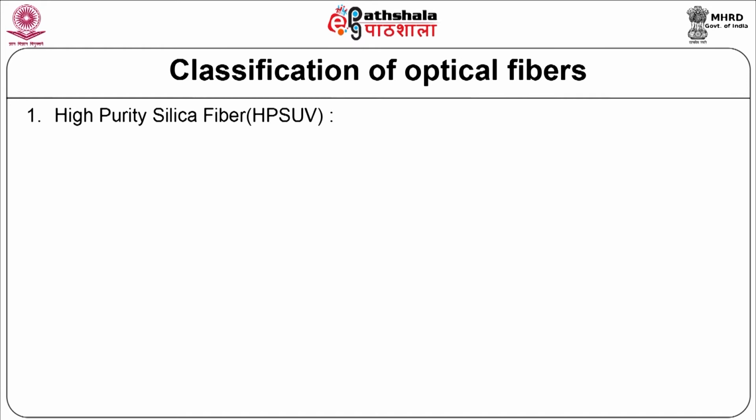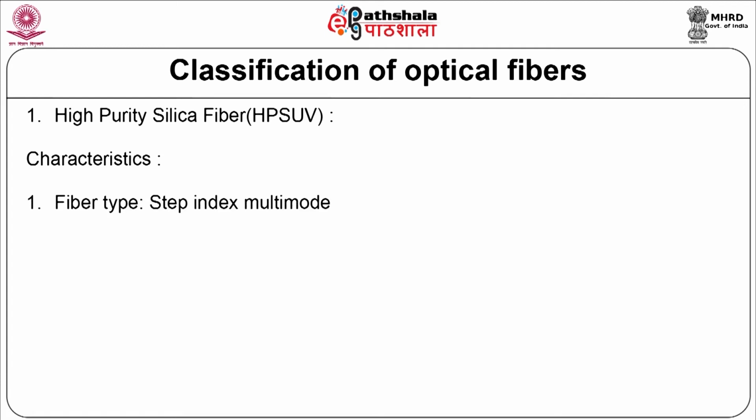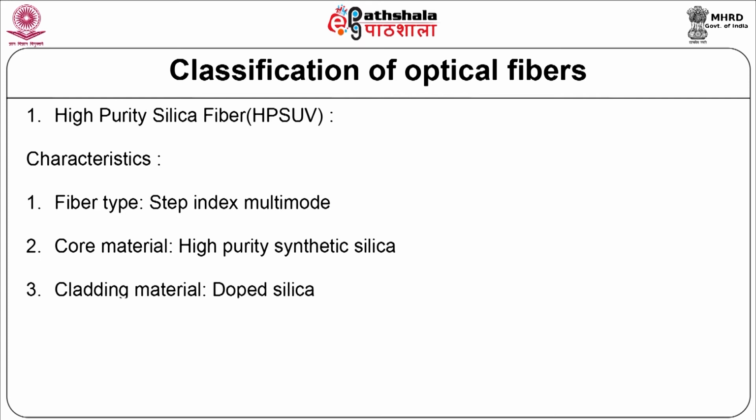High purity silica fiber, that is HPSUV, their characteristics are: the type of the fiber that is used is step index multimode. Core material used is high purity synthetic silica. Cladding material used is doped silica and the primary coating is aluminium or polymer.